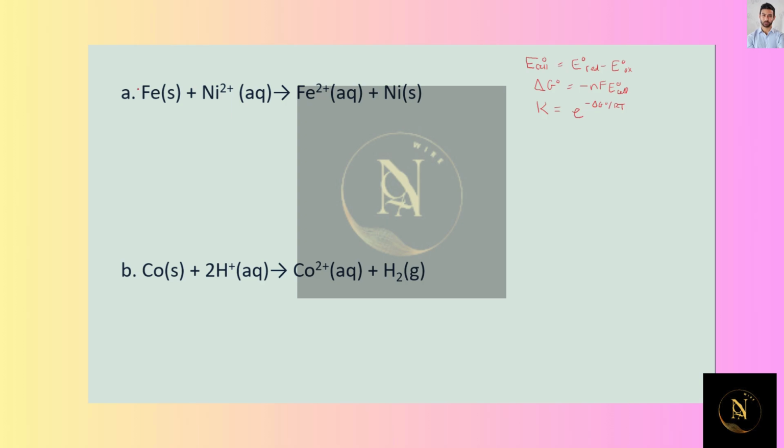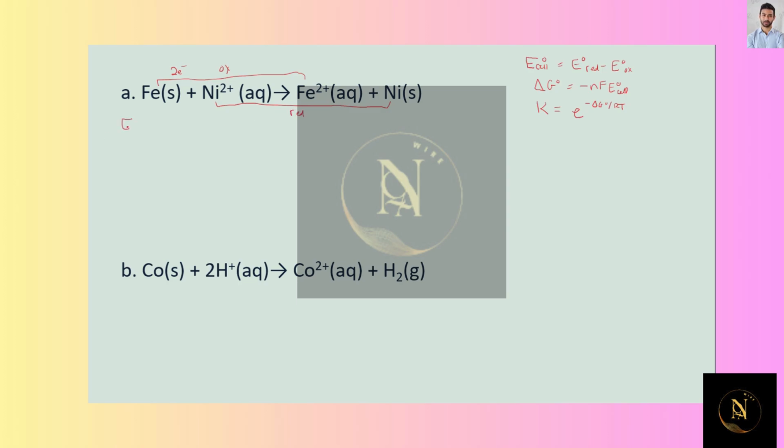For the first one, we can see iron is going from Fe to Fe2+. It's losing 2 electrons, so this is a 2 electron system, and it is being oxidized. Nickel is gaining 2 electrons, again confirming the 2 electron system, and it's being reduced.